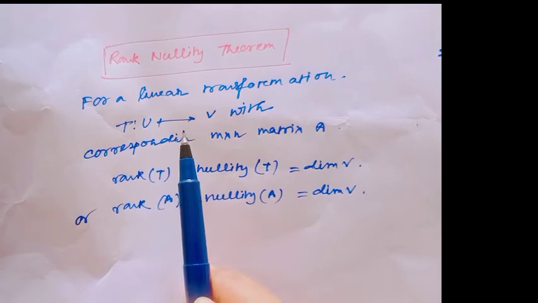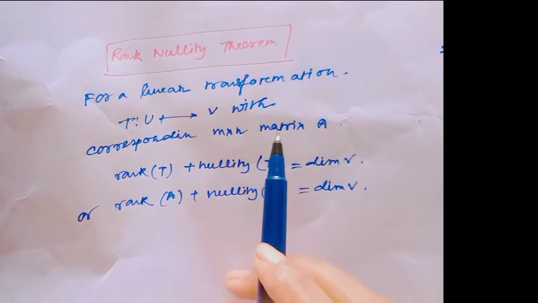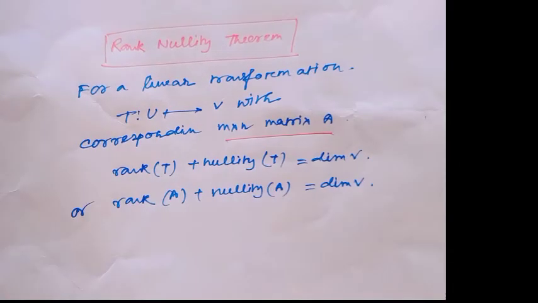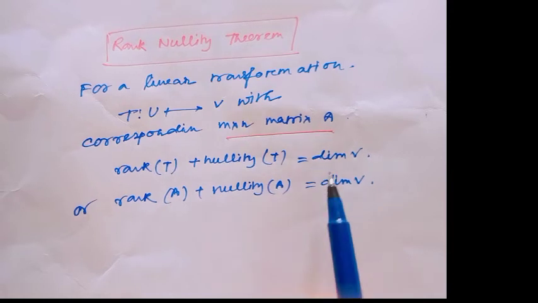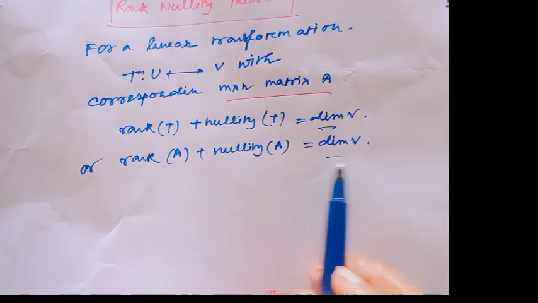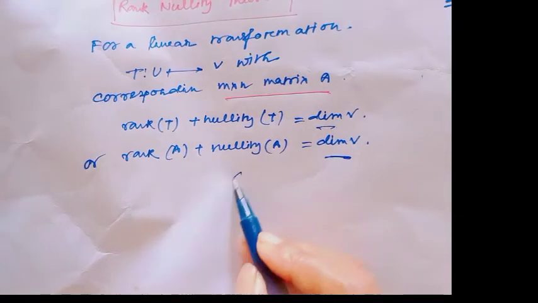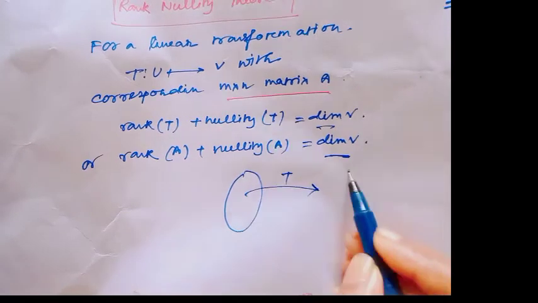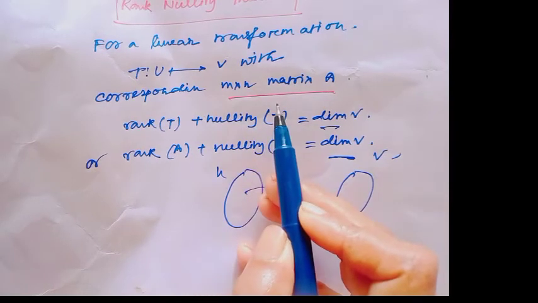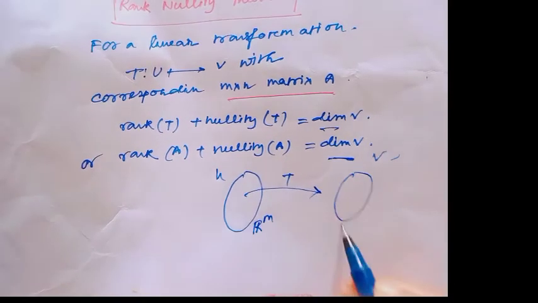The statement of the rank nullity theorem is: for a linear transformation T from U to V, which corresponds to an m cross n matrix, rank T plus nullity T equal to the dimension of V, or rank of A plus nullity of A equal to the dimension of V. The mapping is of this type: the transformation T from U to V corresponds to an m cross n matrix, that means the mapping from Rm to Rn.